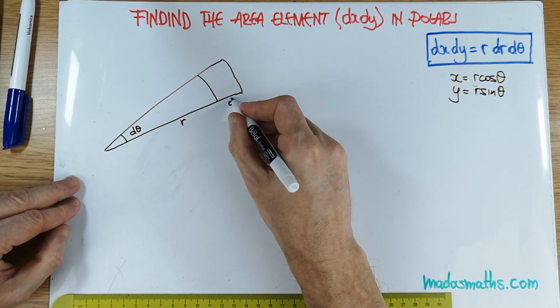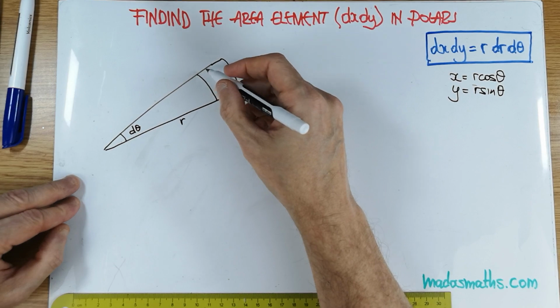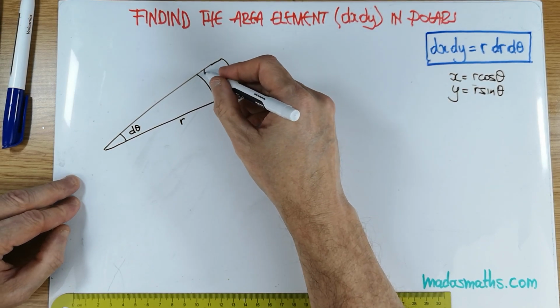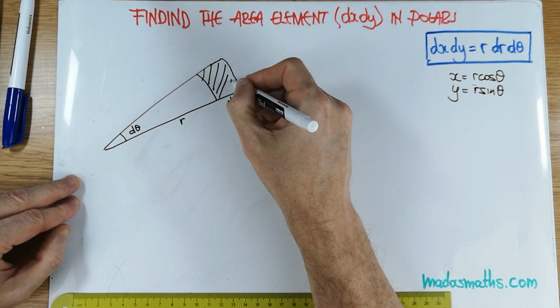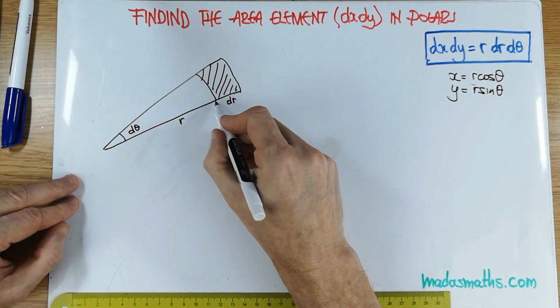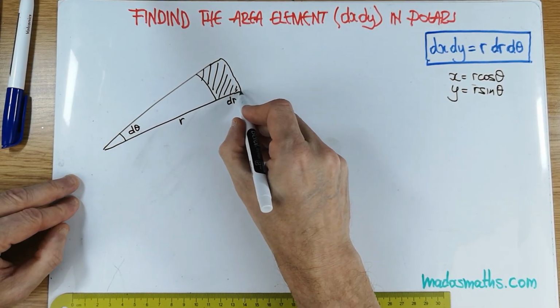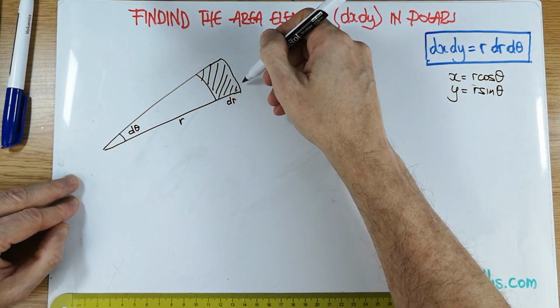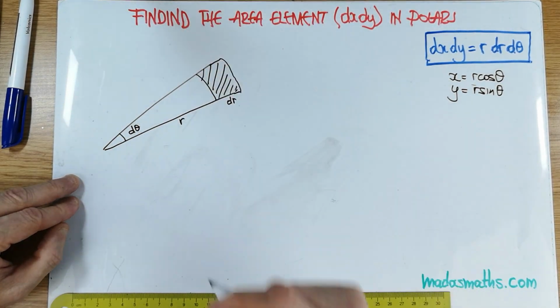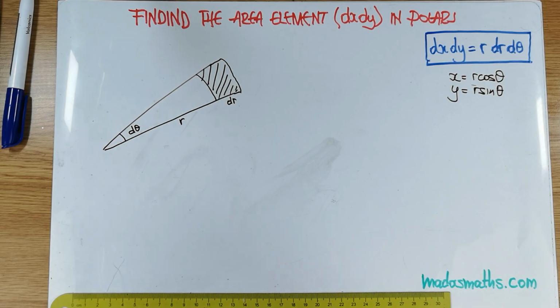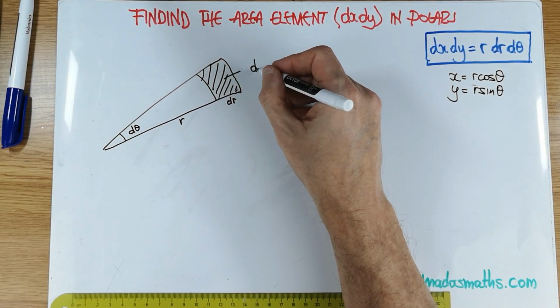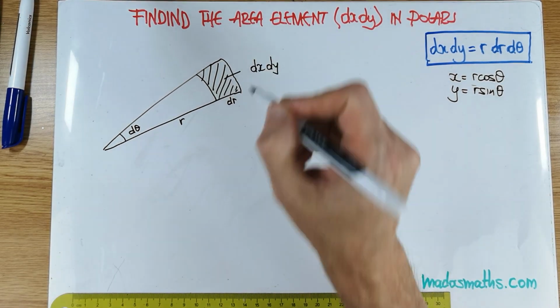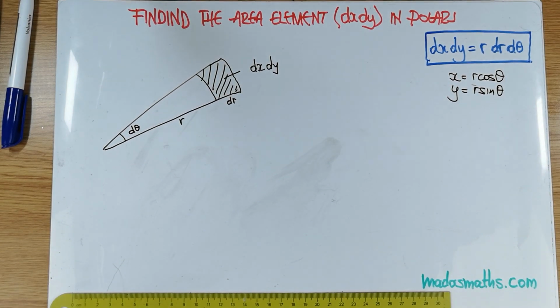That's going to be dr. And this is the area element, an infinitesimal, which has a tiny amount along the radial direction and a tiny amount in the theta direction. So this is my dx dy, and I want to know what is that in terms of r and theta.